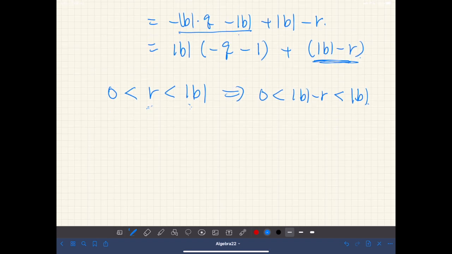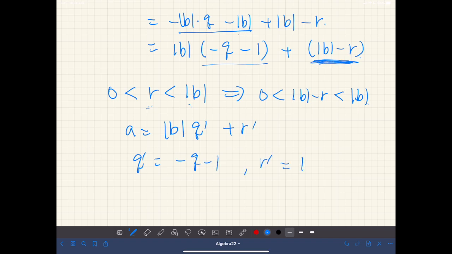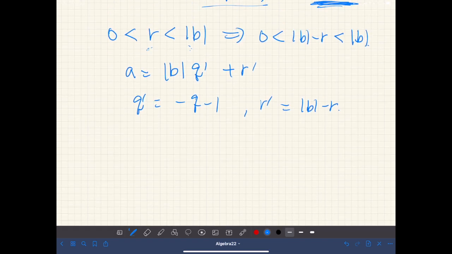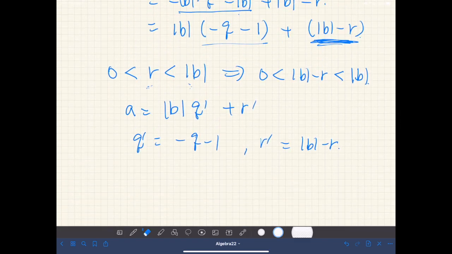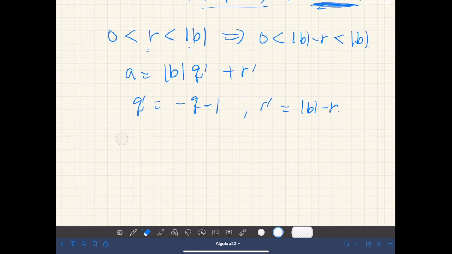So after all, we have a equals b modulus q prime plus r prime, where q prime is this one and r prime is this one. Okay. Now let's see. So now we want to get rid of this modulus operation.